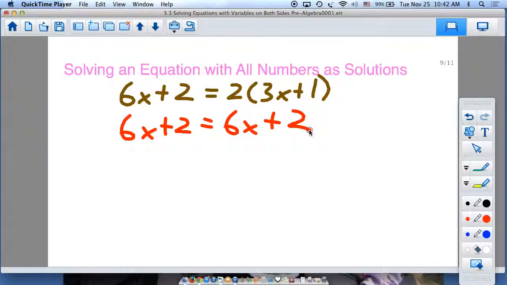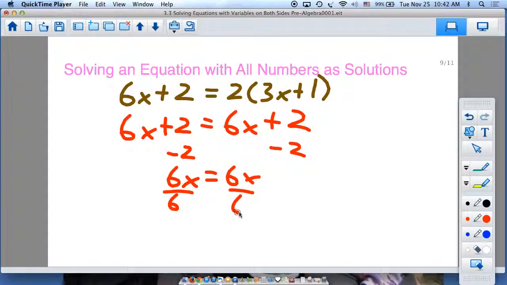So there's a couple of ways you can go about doing this. I would recommend, once I see that both sides are the same exact thing, subtracting 2 from both sides, which leaves me with 6x equals 6x. Divide both sides by 6 then, and x is equal to x.